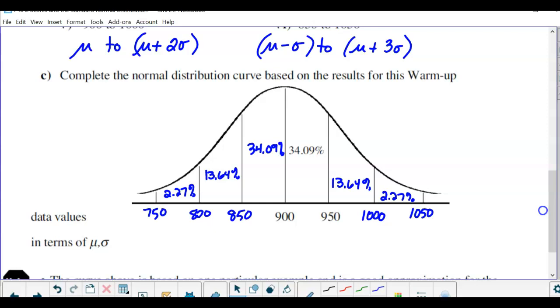Notice how the graph does not touch the horizontal axis. So there is a gap right here. Why is that? Because there could be outliers, or values beyond 1,050 or below 750.